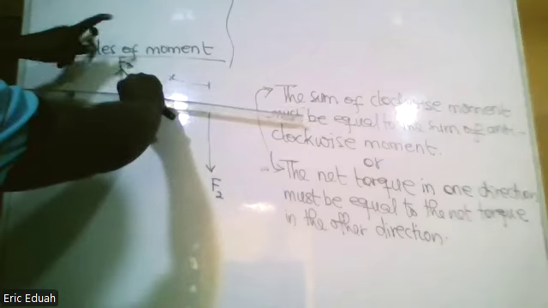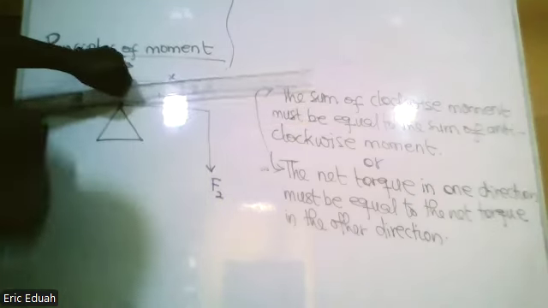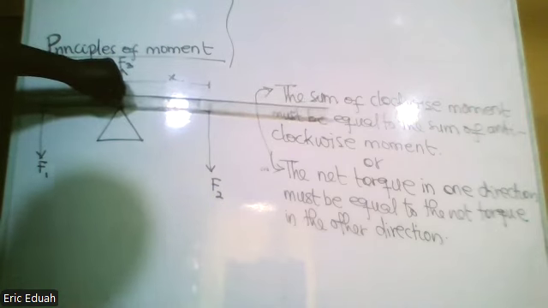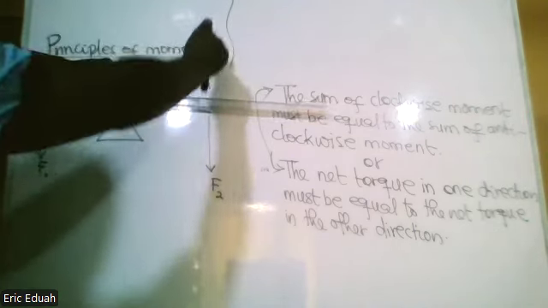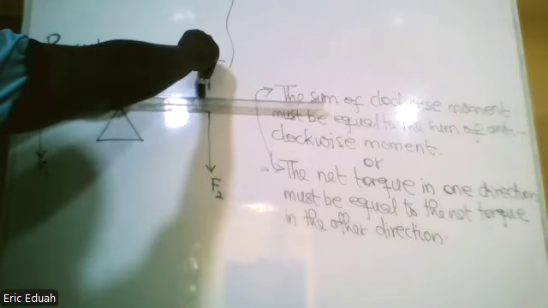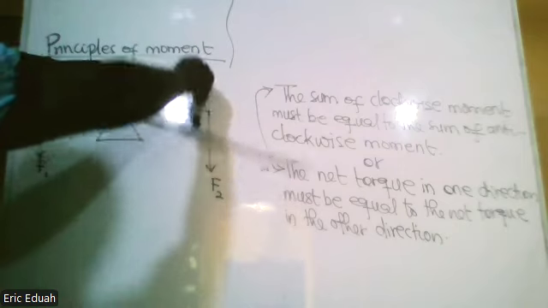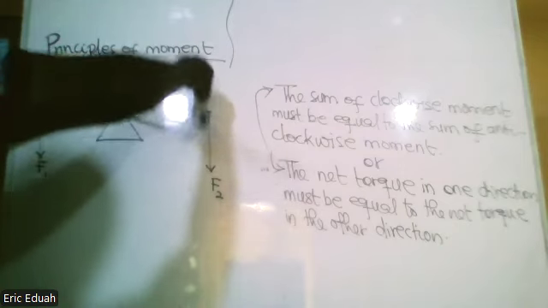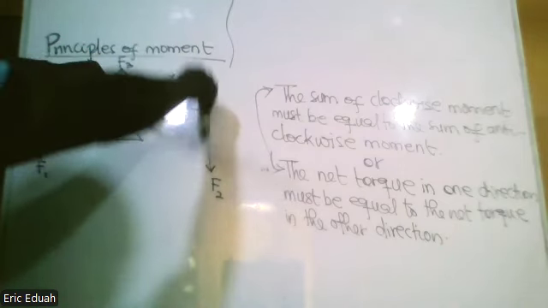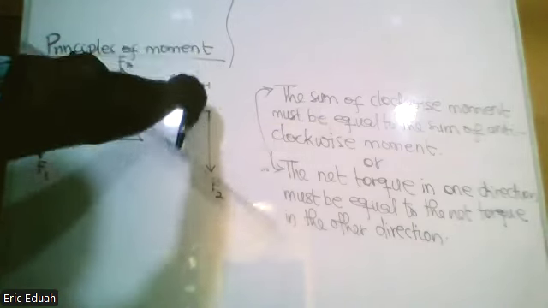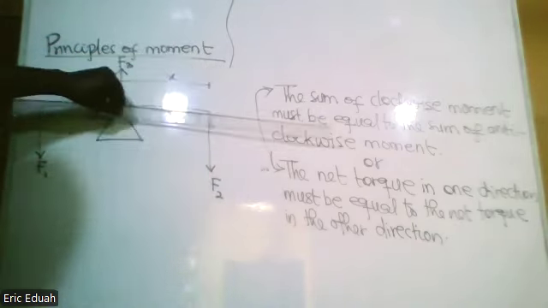If this is the pivot where my hand is, and I exert a force in the direction of F2, it will turn the bar in this direction. So you see, the bar turns in the clockwise direction. Let's look at F1.